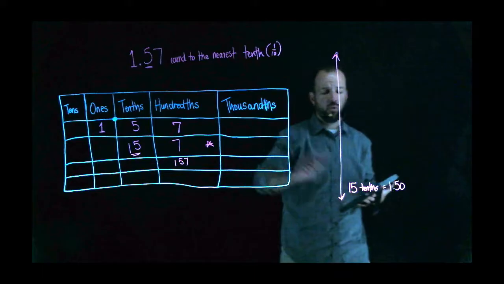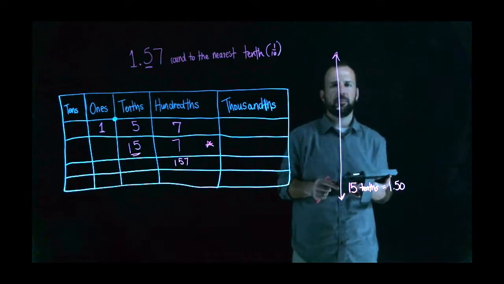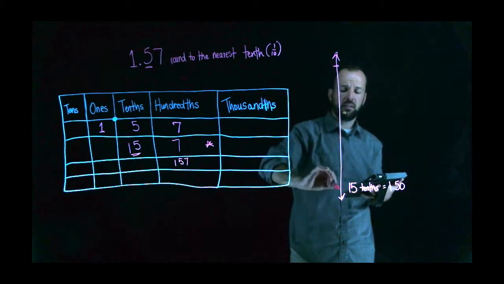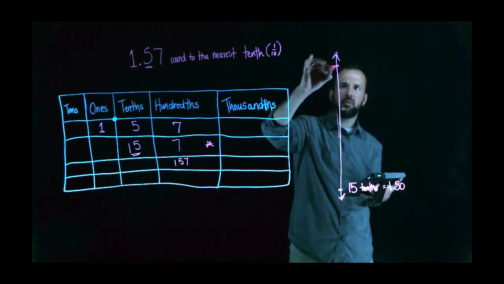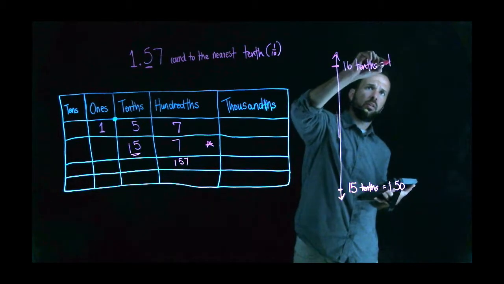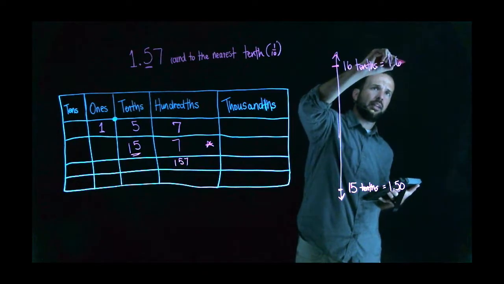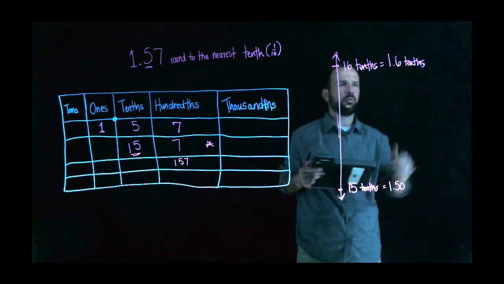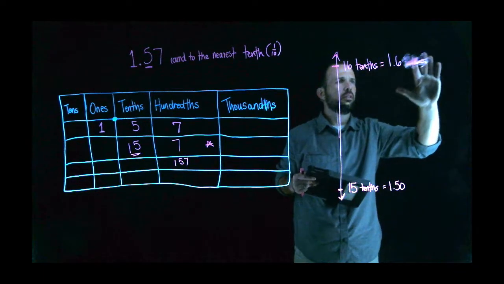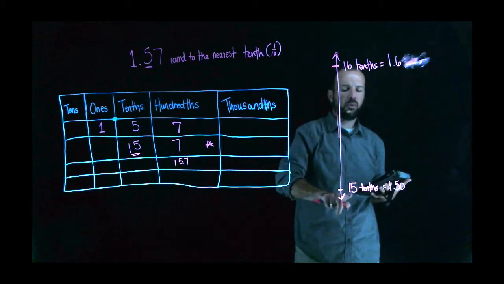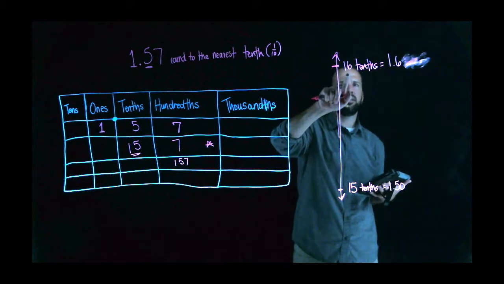What's 1/10 more than that? That'd be 16 tenths, right? So this is 15 down here, and up here at the top would be 16 tenths, or 1 and 6 tenths. I realize I don't really need this here, so I'll squish that out a little bit, but we're good. Okay, so my low point is 15 tenths, my high point is 16 tenths.